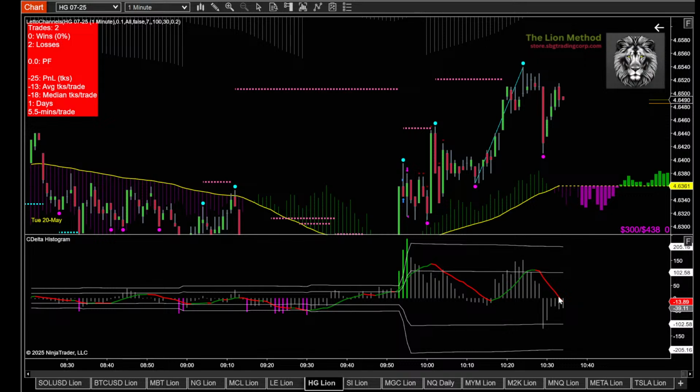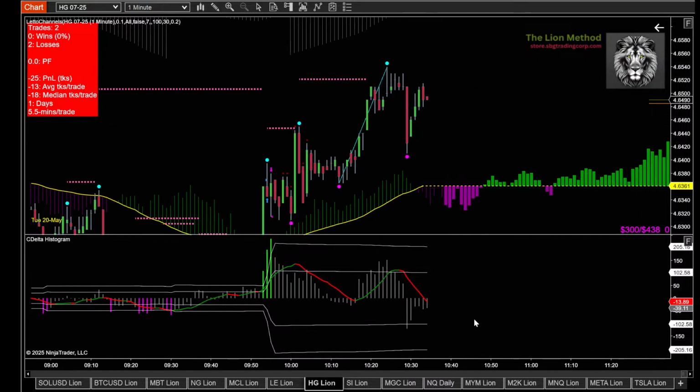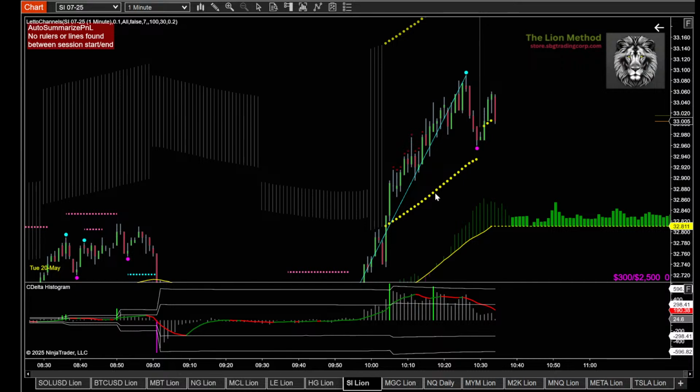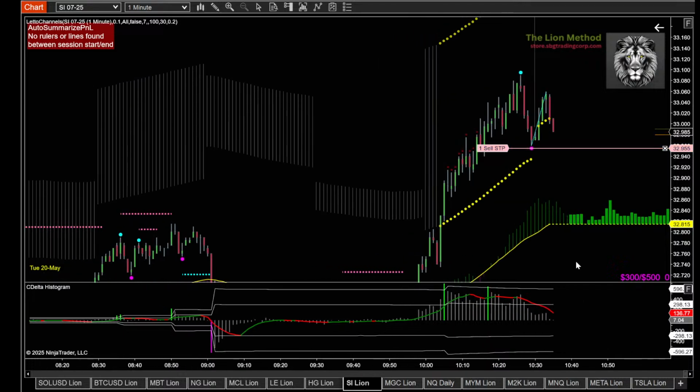Copper, we didn't have a good sell dot in copper yet. So there's that short in silver. It's a big contract, guys, so don't go short if you're not feeling it. I'm even risking more than normal here.